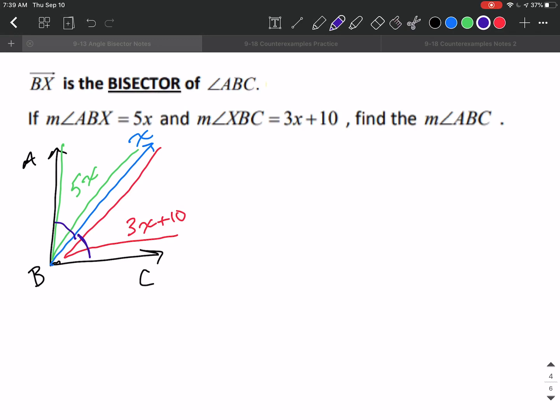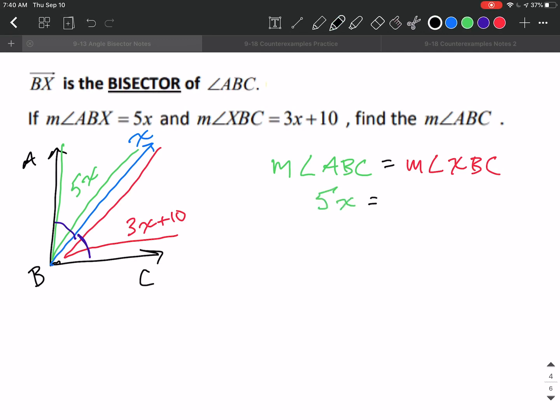So the green angle is equal to the measure of the red angle, which is XBC.